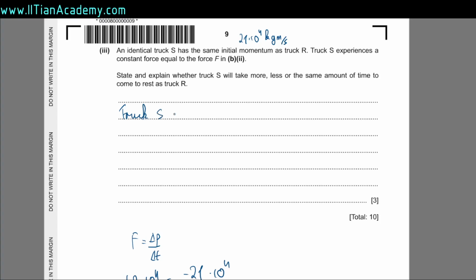Truck S will take less time to stop. So that's that. We can say that TS is equal to 17.5 seconds, and this is smaller than TR, which was around 22 seconds.